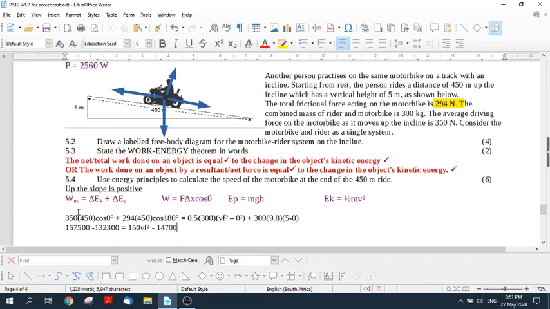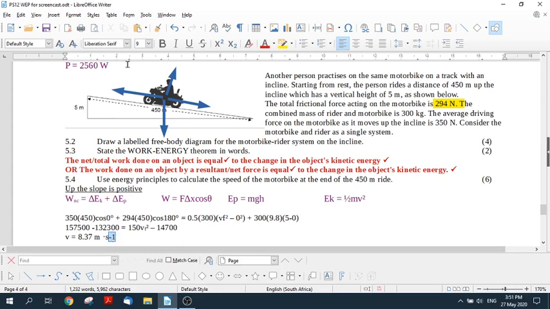So now if you have a look in this equation, the only thing that you don't know is the final velocity, which is what you're trying to calculate. By the power invested in you by algebra, you will end up with your final velocity being 8,37 meters per second, like that.